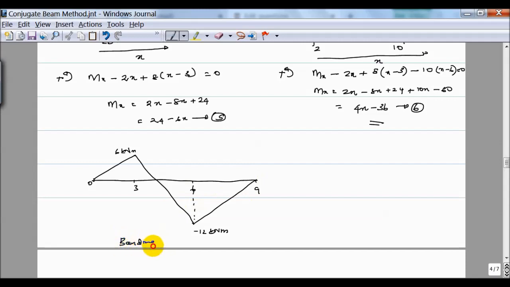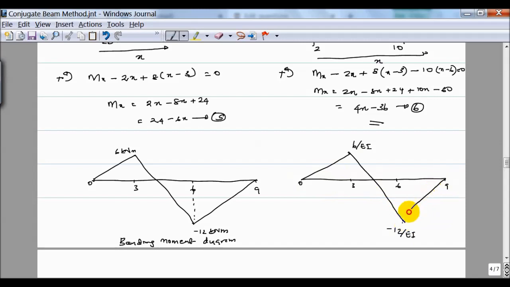So this is the bending moment diagram for the beam. Now if I want to plot the M over EI diagram, I have to divide all the values by EI. Since EI is constant, I can draw 0, 3, 6 and 9. At 3 it is 6 over EI, and here it is minus 12 over EI, and I have the same graph.